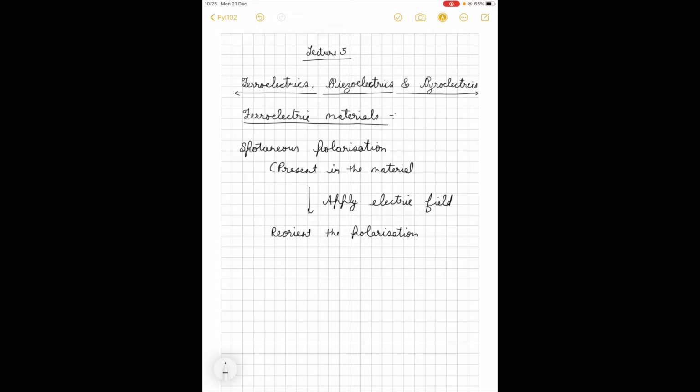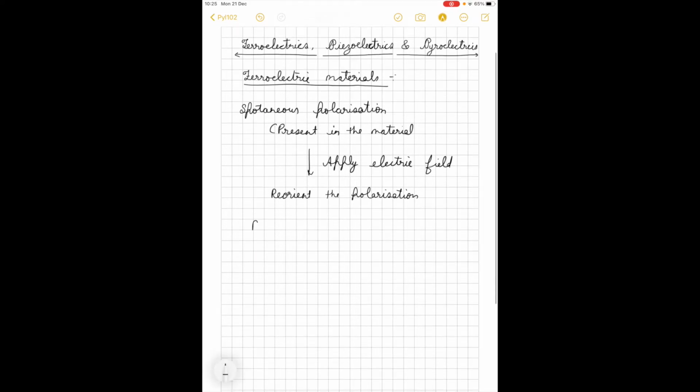And also the polarization in the ferroelectric material can exist even in the absence of electric field under a certain range of temperature and pressure.